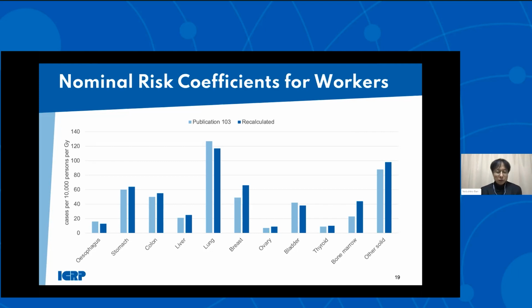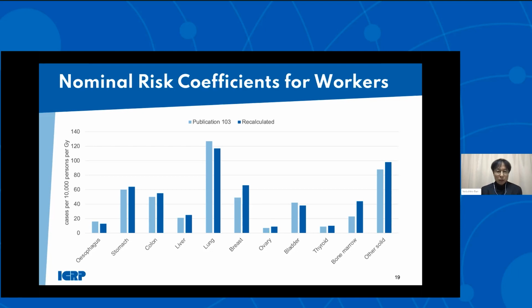The error was that more weight was given to older ages at exposure than intended. Consequently, a marked difference is found in breast, which has a much higher sensitivity at younger ages.